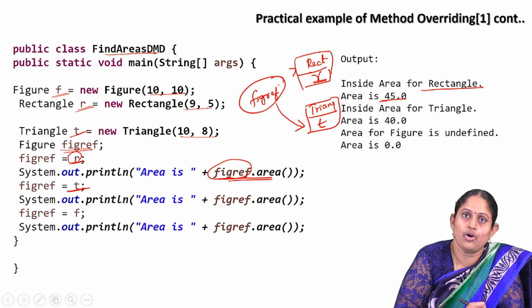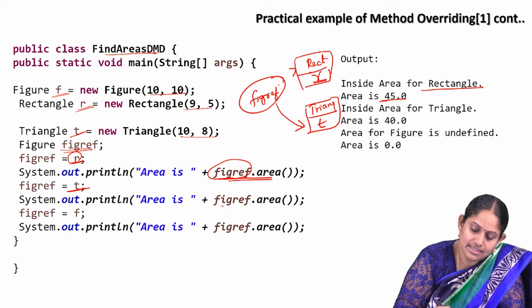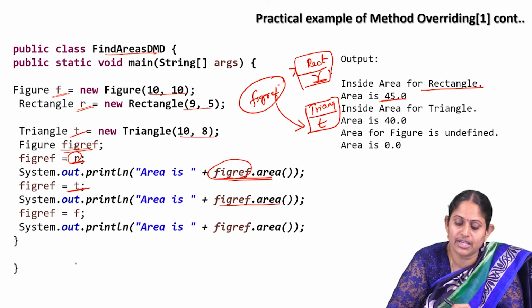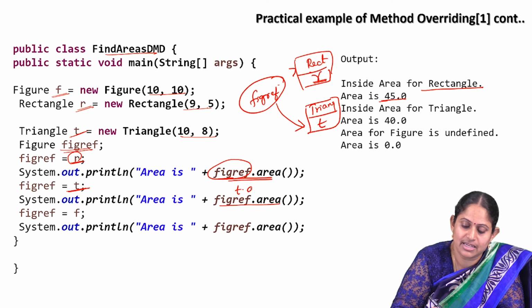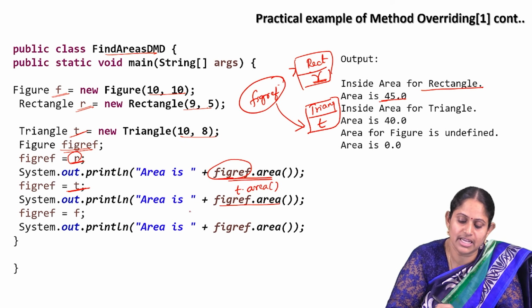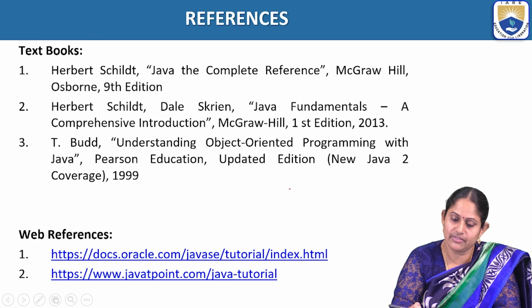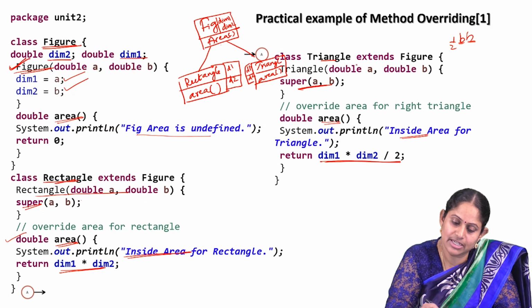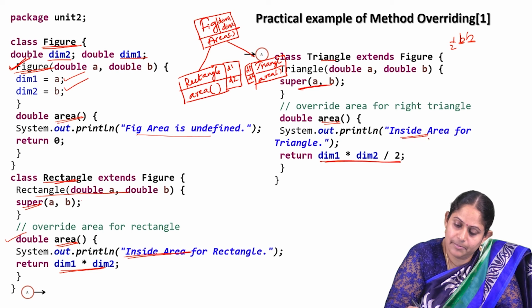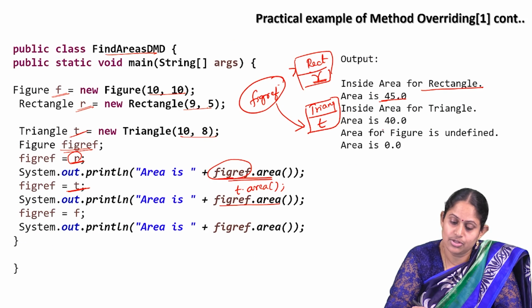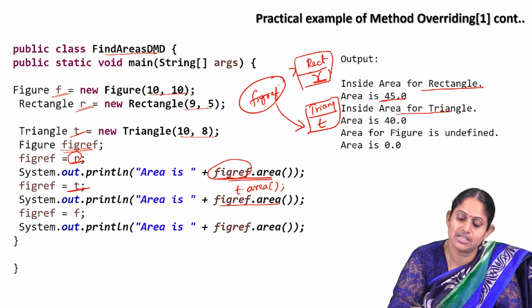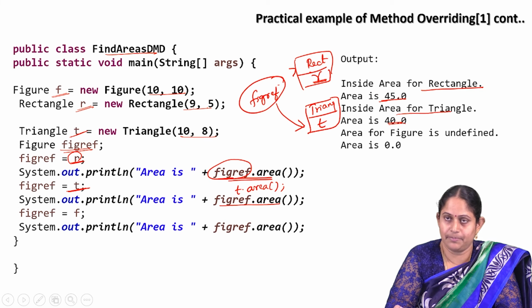So we are making it point to T, and again you are calling figure.area. That in turn means T.area. So inside T.area, we have inside area of triangle, and it will return half BH. So you get the statement inside area of triangle, and half 10 into 8, we get it as 40.